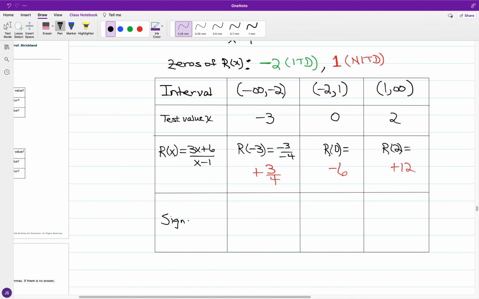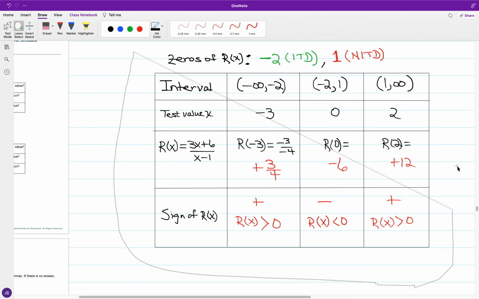And then for negatives, r of x is less than 0, so you have a negative output in the second interval section, and for the last you have a positive. So r of x is greater than 0, and then just getting closer to what we have for the final results here.